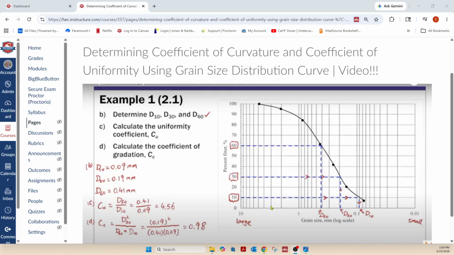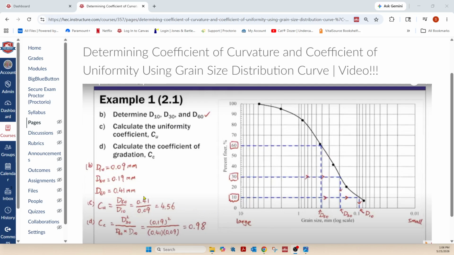Then we go 2, 3, 4, 5, 6, 7, 8, 9, and so forth. I'm sorry, I left out some decimals, but you get the idea. I've already calculated them, and I've already determined their size. You get down to 1. This is 1, 2, 3, 4, 5, 6, 7, 8, 9, 10, and that brings us up to 10 millimeters.